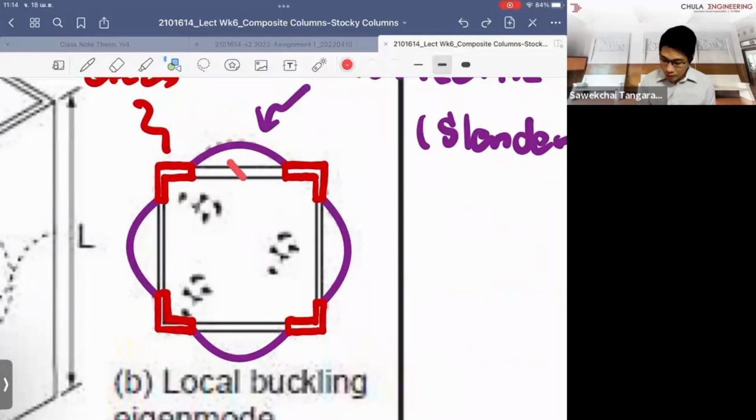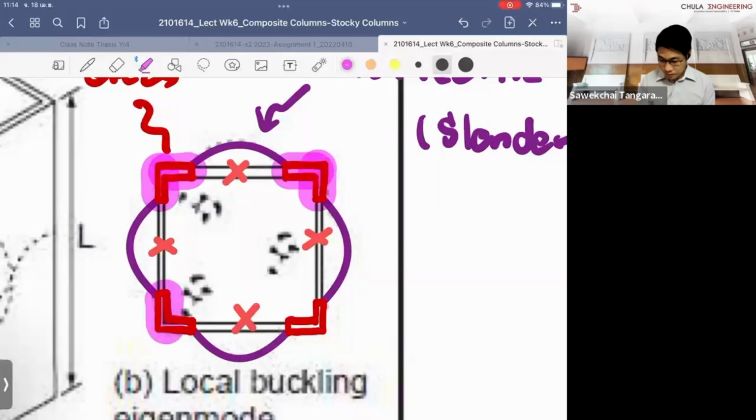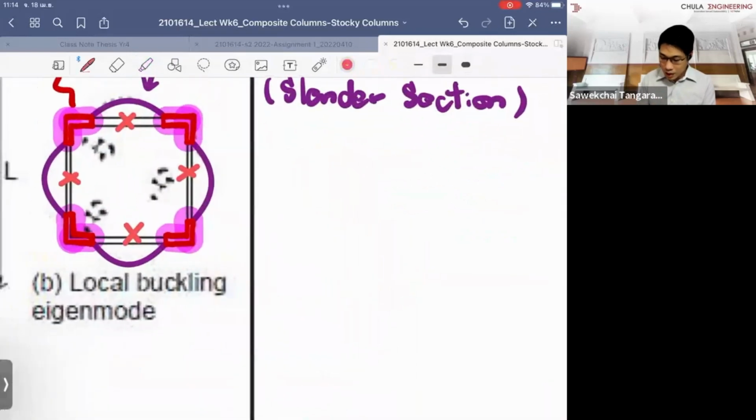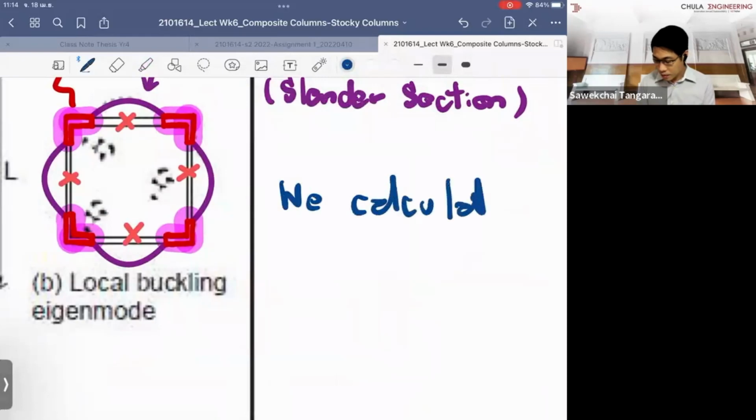We remove these areas, which are ineffective, from our calculation. And we only adjust our section to have only this portion left. That's why it leads to the way that we need to calculate what is called the effective width.